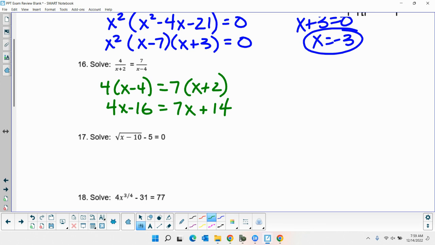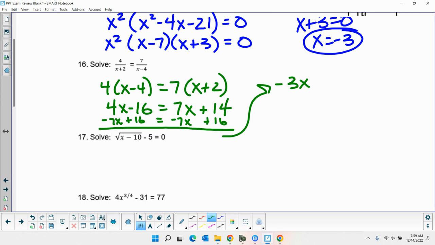So I'm going to subtract 7x and add 16. I'm doing 2 steps at once. All right. So 4x minus 7x gives me a -3x. The 16s go away. The 7x's go away. And then 14 plus 16 is 30. And we get x is -10.